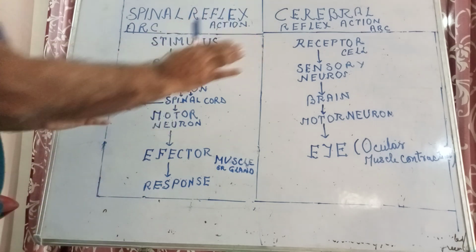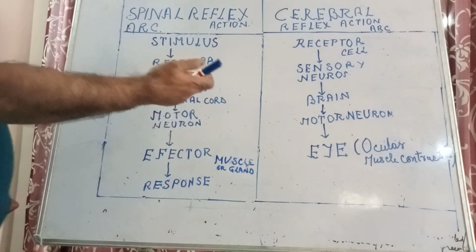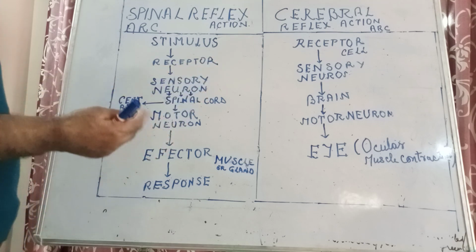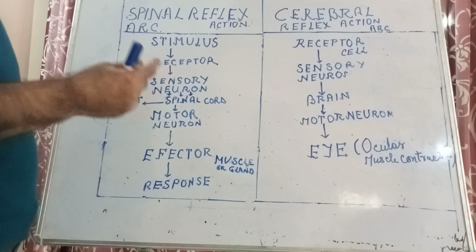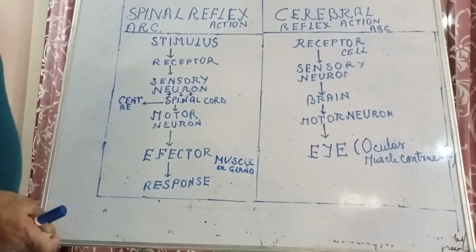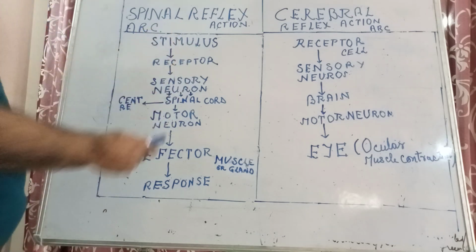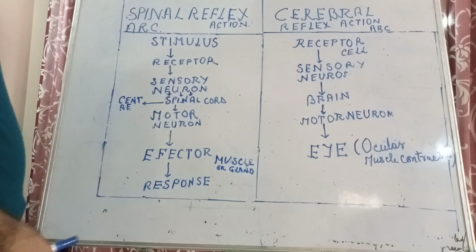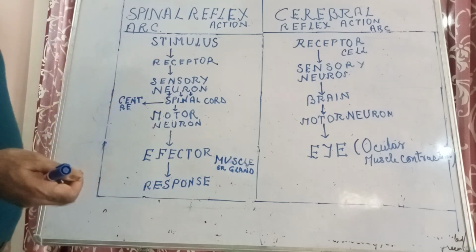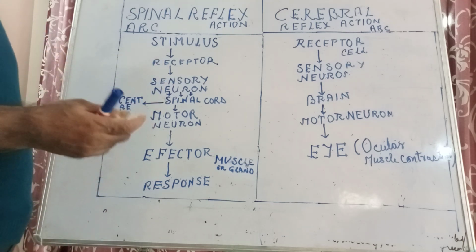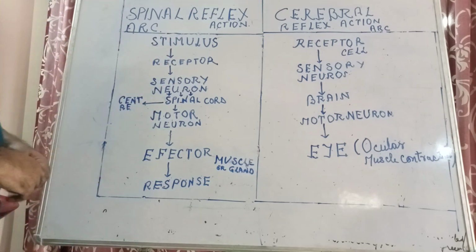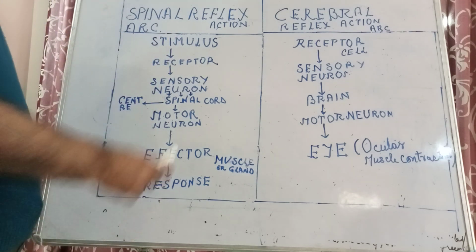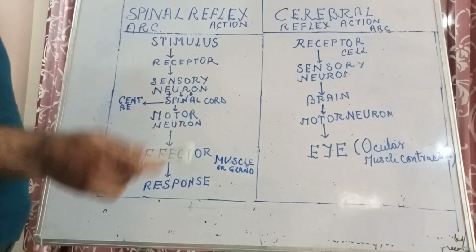Now I am taking an example. Suppose there is a pinprick on the fingertip or any part of the hand. What will we generally do? We remove the hand immediately. So what is the stimulus here? The pinprick is the stimulus. Receptor is the bundle of cells at that point, which are receiving this stimulus and converting it into an impulse.